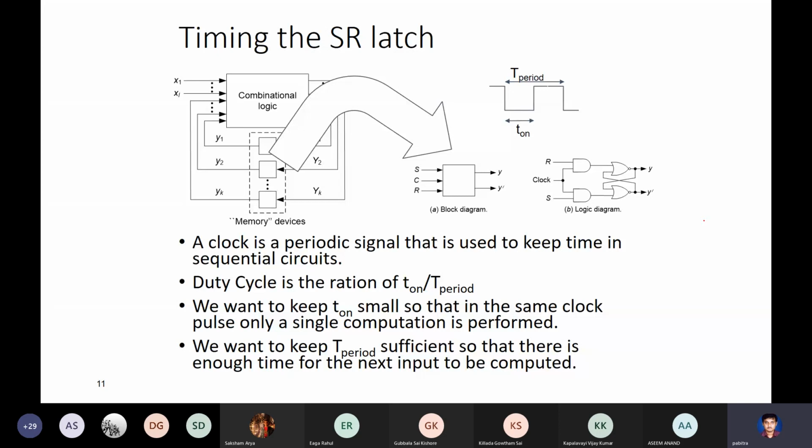So you have a lower limit on T period also. You want T period to be very small so that you get a lot of computations in a small amount of time, but you cannot make it arbitrarily small because the gates have a delay.